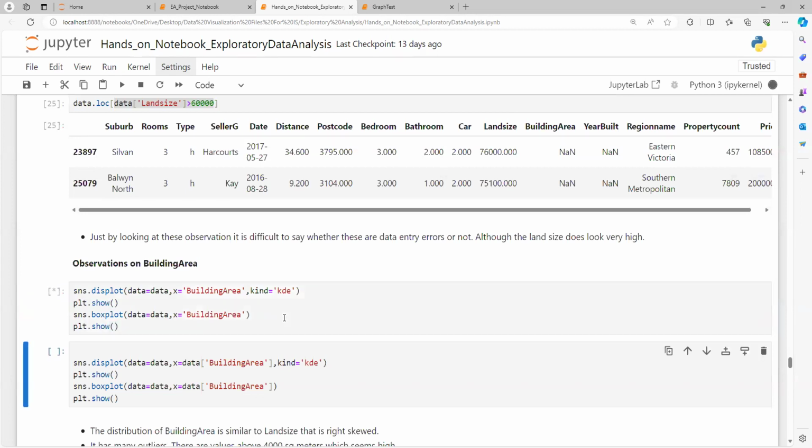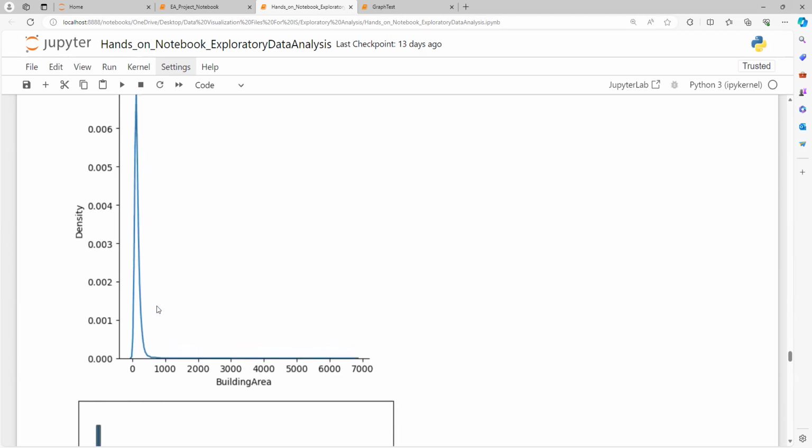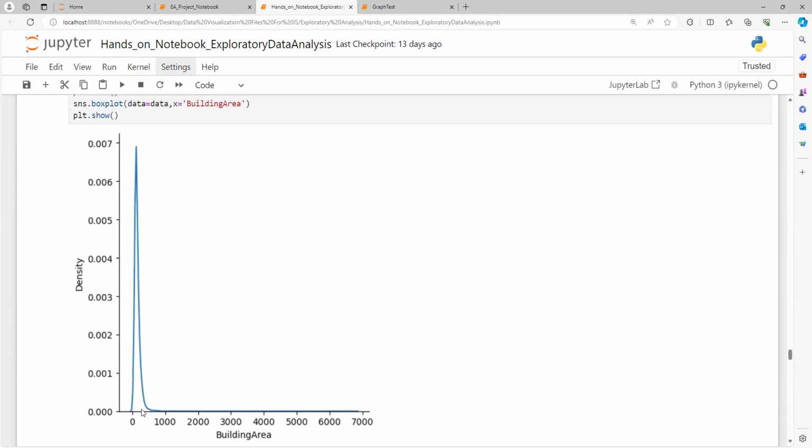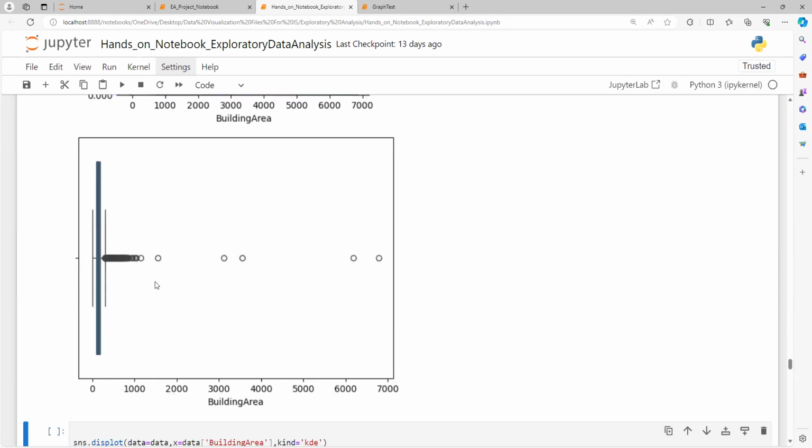All right, so let's look at building area. Now, if we look at building area, again, it has a spike. We can see that right here in the 0 to 500 is where the spike really sits, and that fits the box. But we have these massive outliers. Notice that almost all of them stop. Even the first set of outliers stop at about 1,500 square meters.